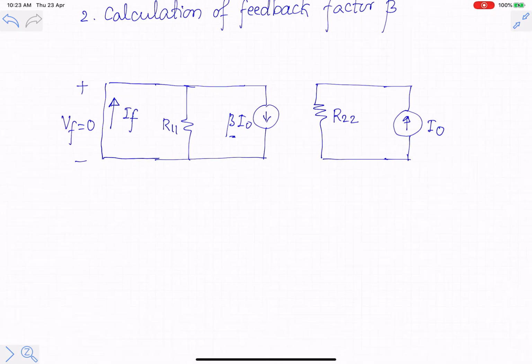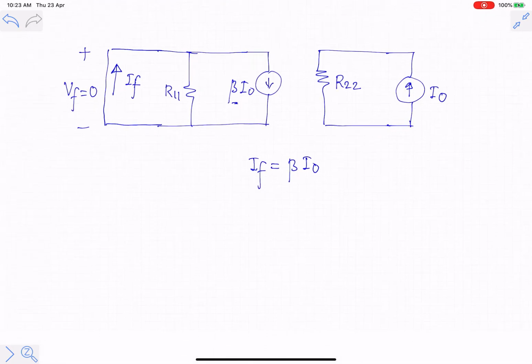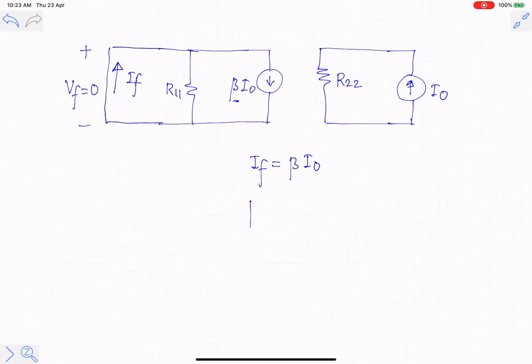So in this case IF is equal to beta into I0, because R11 is short circuited, no current is going to flow through R11, and we can calculate beta as IF divided by I0, under the condition that the output terminals are short circuited.